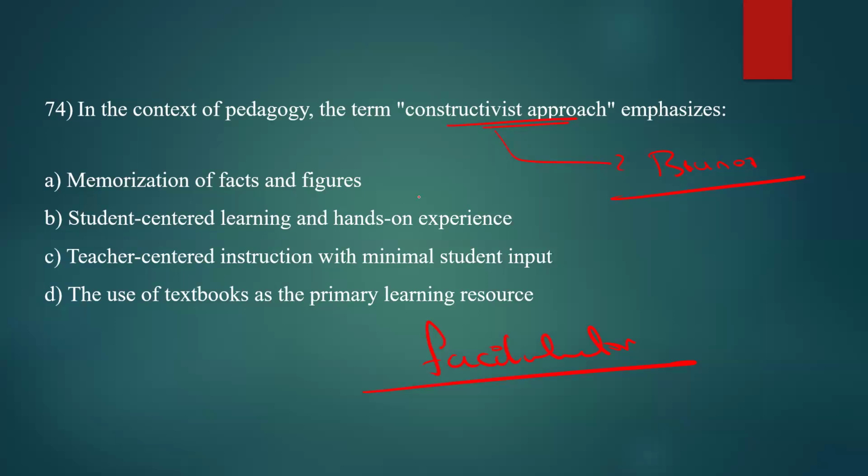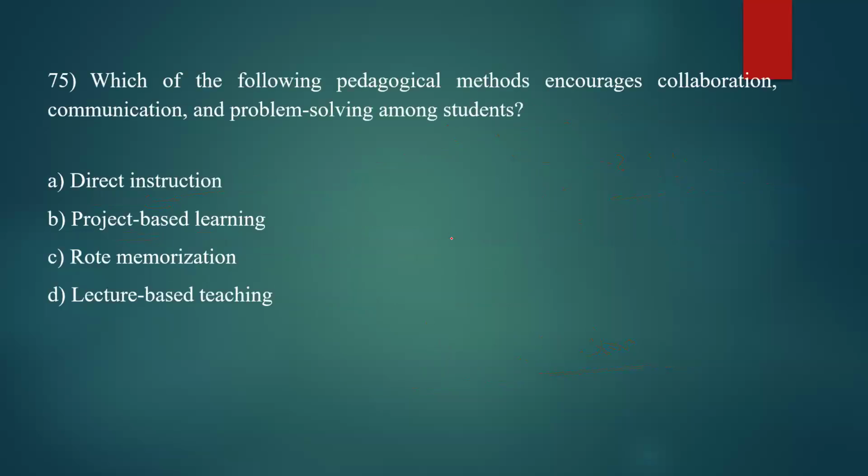Memorization is not related with constructivism, because memorization is something like learning by heart, right? Constructivism is related with student-centered learning and hands-on experience only. So constructivism is related with option B. Is there any confusion in constructivism? No, sir. Okay. Then 75.